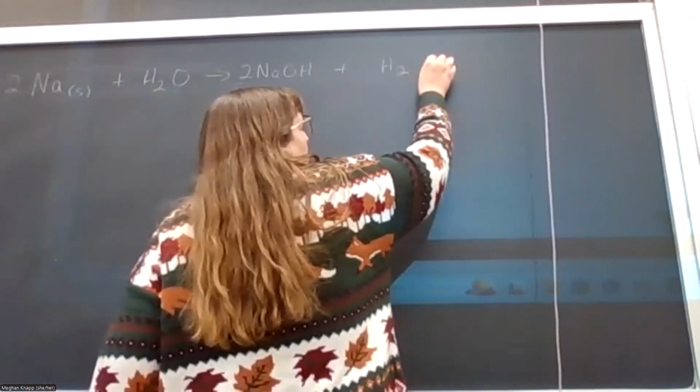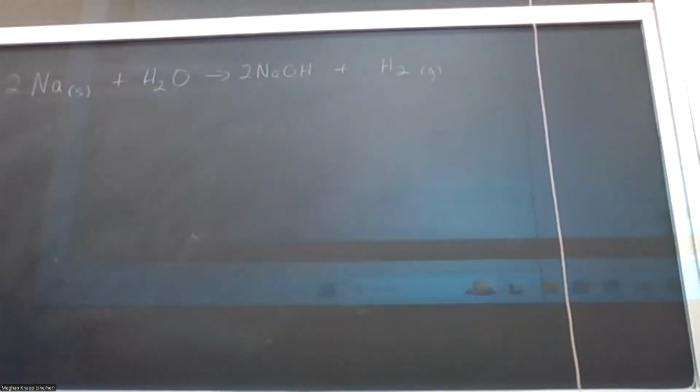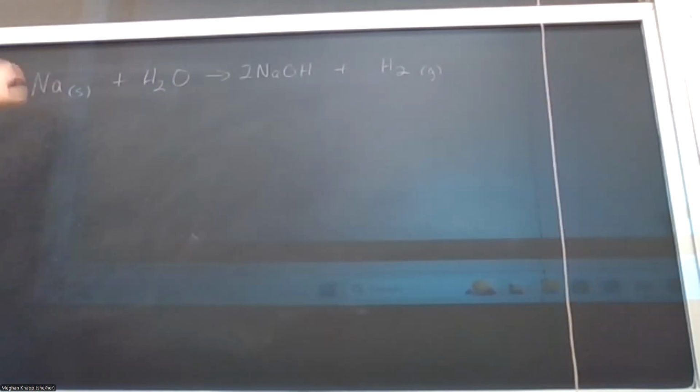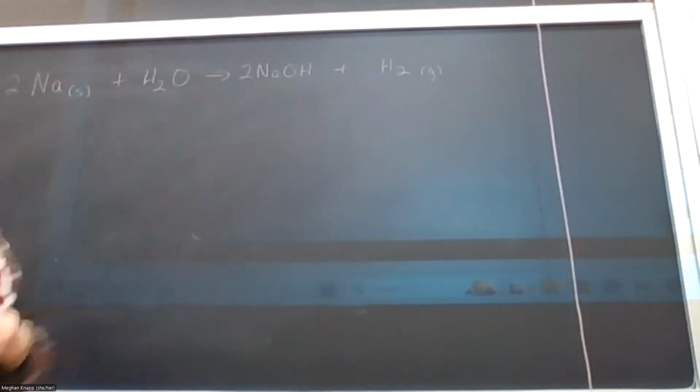So I want to look at one where our known is a gas, okay? So this is a reaction. If you take solid sodium and you drop it in water, you're going to get hydrogen gas bubbles. It'll fizz, okay?